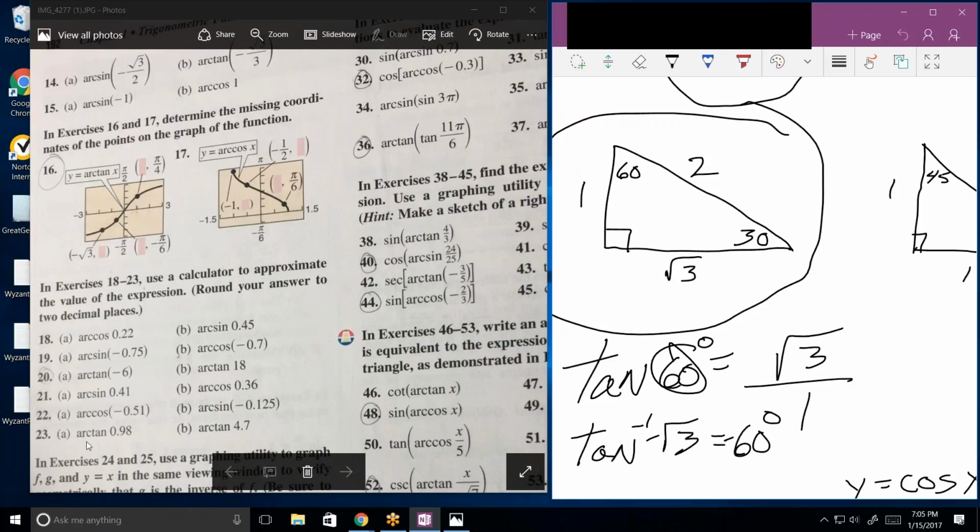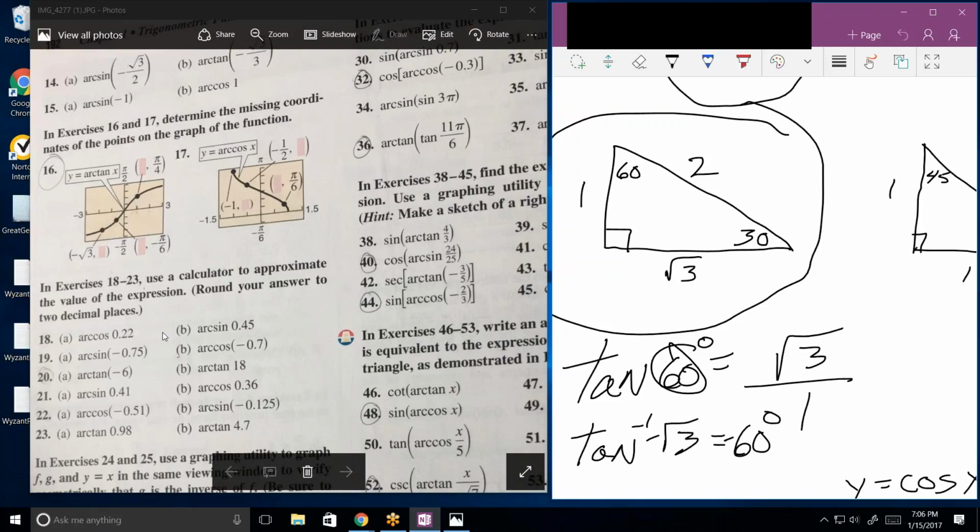The answers to 18 through 23 are all going to be angles. When you take inverse trig functions, and every one of these is an inverse trig function, you take it of a number and you come up with an angle. Even if that angle is in radians, it's okay, but it doesn't specify whether it wants the answers in radians or degrees.